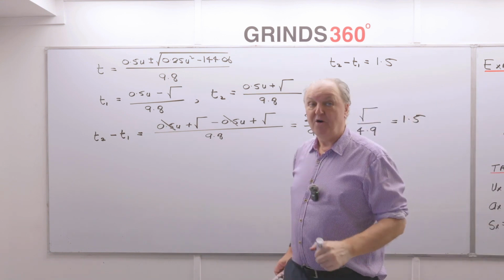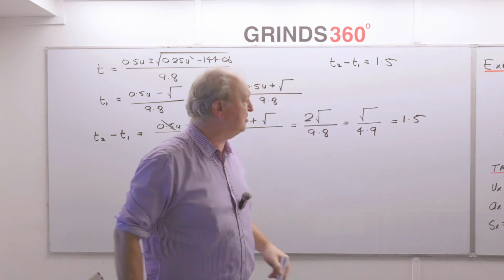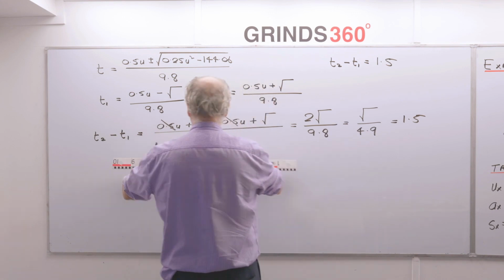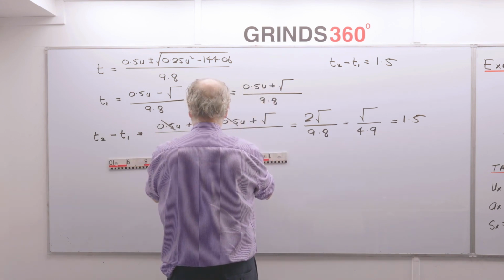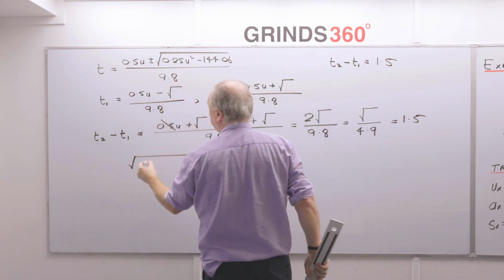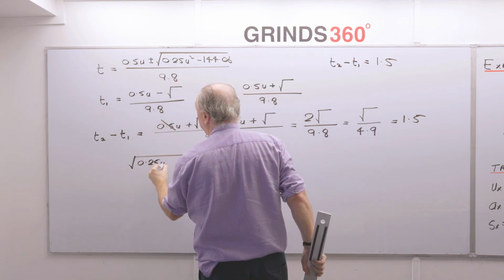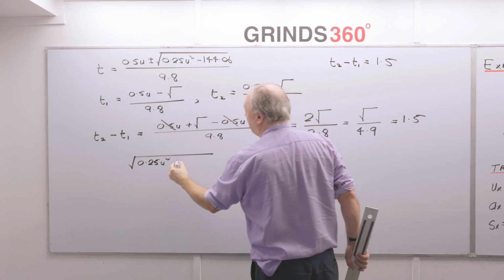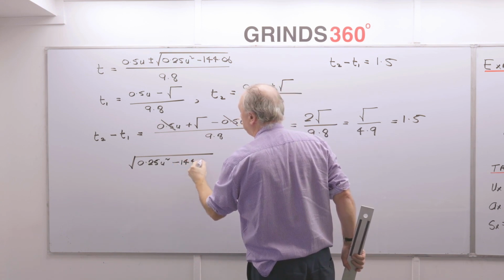So now I'm ready to fill in my square root stuff. What's inside the square root? 0.25u squared minus 144.06.